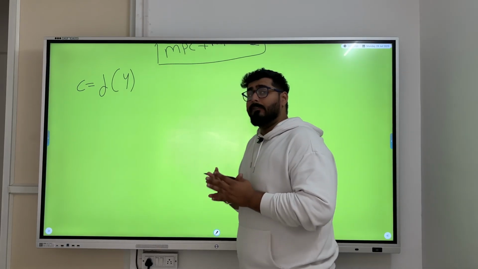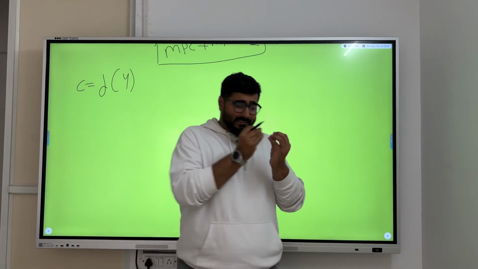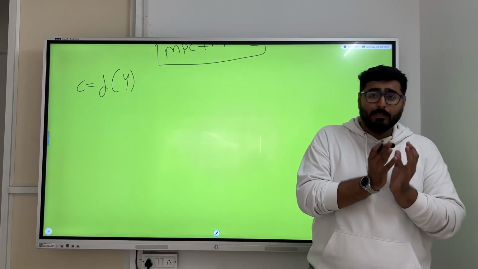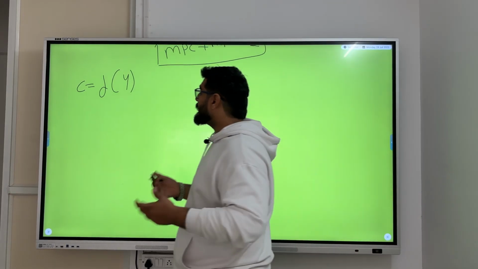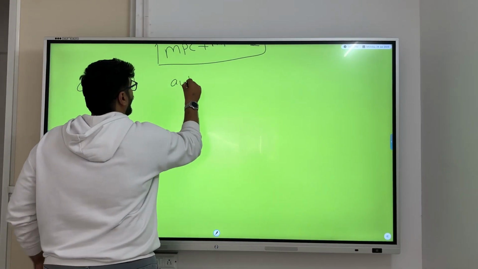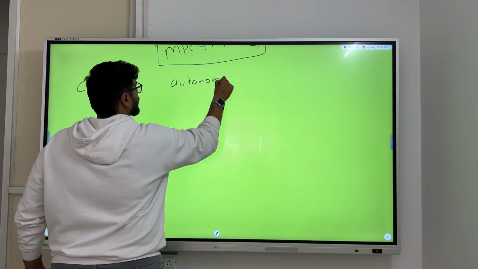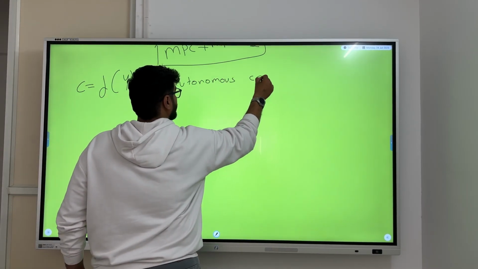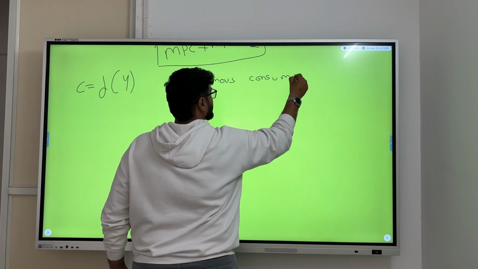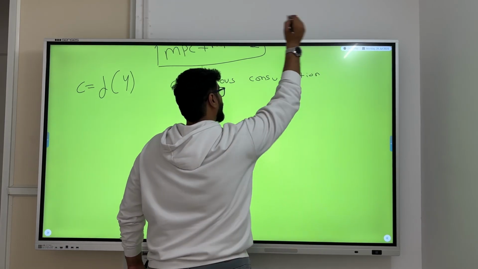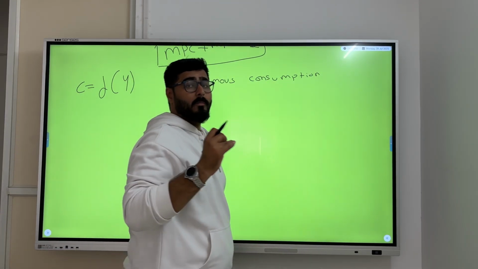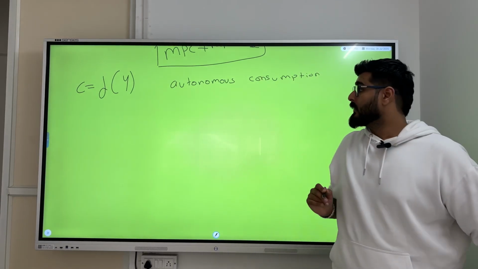But even if there is zero income, there is some part of consumption we need for our basic needs, and that is called autonomous consumption. Okay, everyone? It is autonomous consumption.